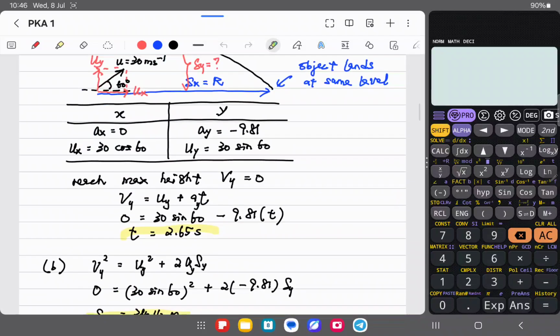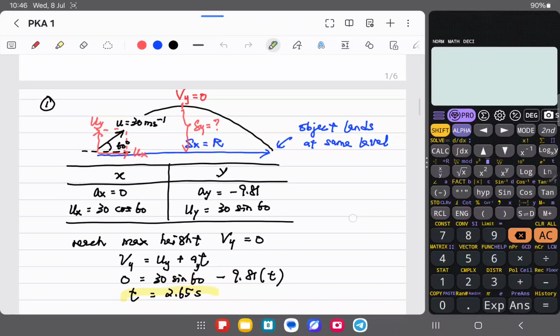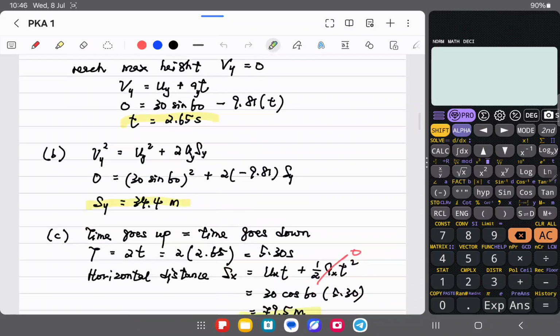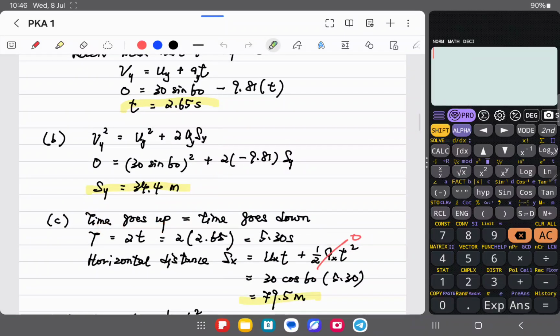Since we already calculated the time for the object to reach maximum height, the time of flight will be 2 times that time. So time going up equals time going down, and the time of flight will be 2t, 2 multiplied by the time taken to reach maximum height. So the total time of flight for the projectile is 5.3 seconds.